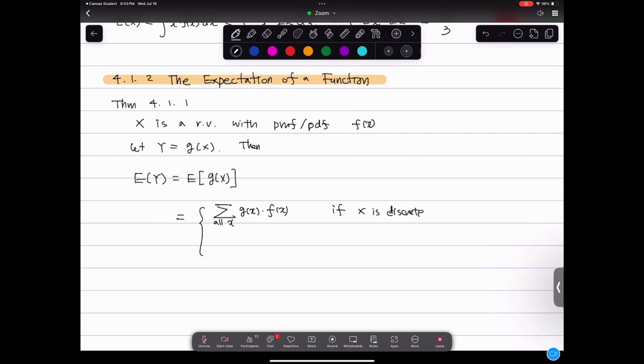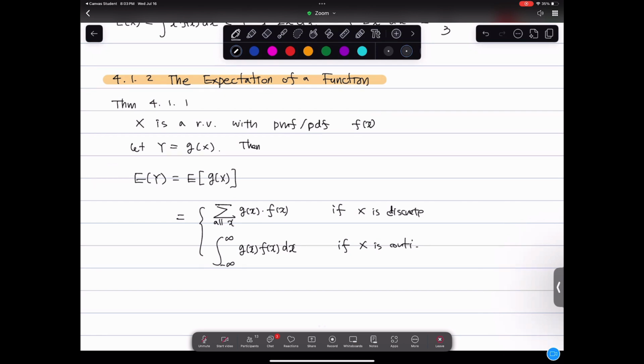If it's continuous, then you integrate from negative to positive infinity g of x, f of x, dx. So that's the theorem.